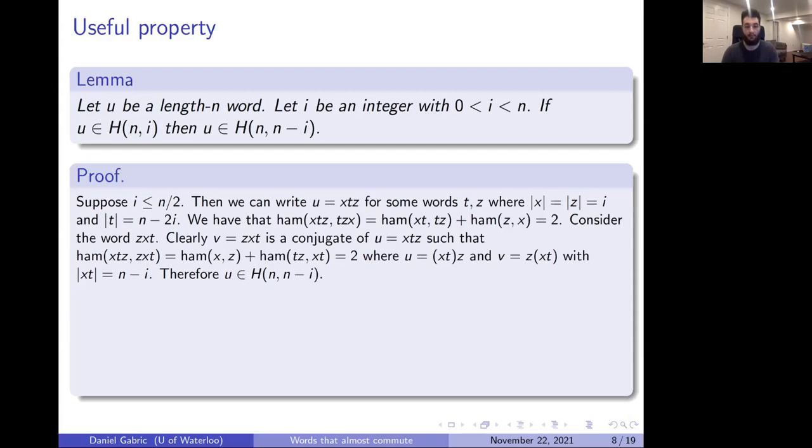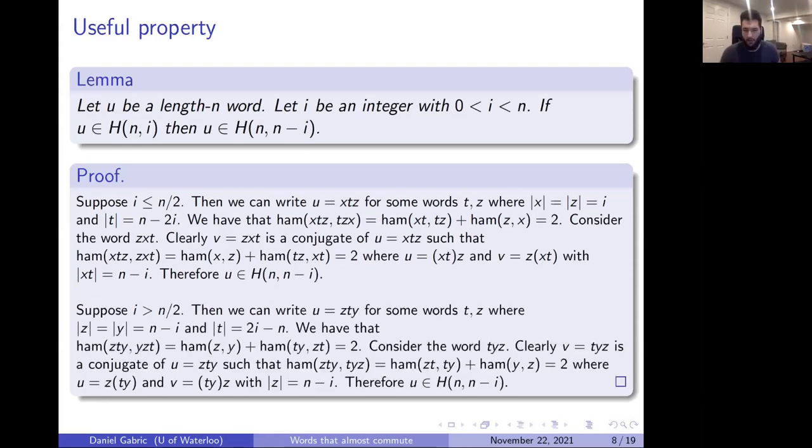We can split it up in the same way as the previous one, as the sum of the Hamming distance between x and z and the Hamming distance of tz and xt. And we already know that this evaluates to 2. And since we're rotating xt, and xt is of length n-i, that means that u is in H n, n-i.